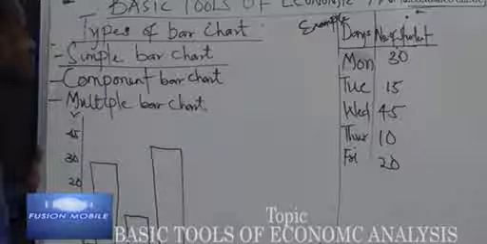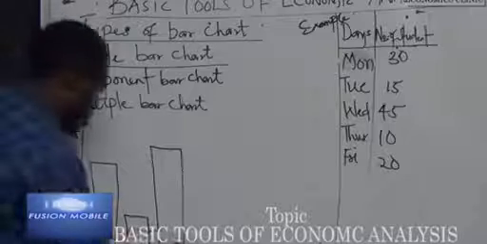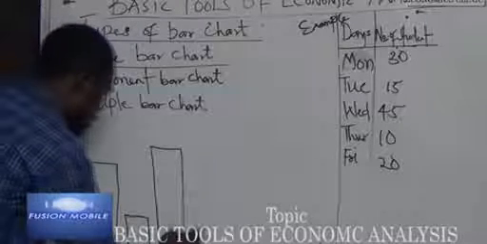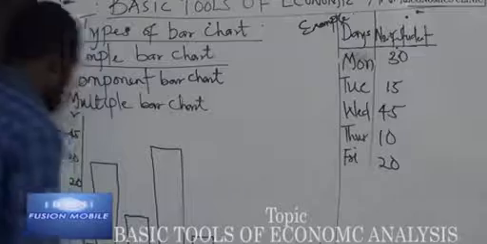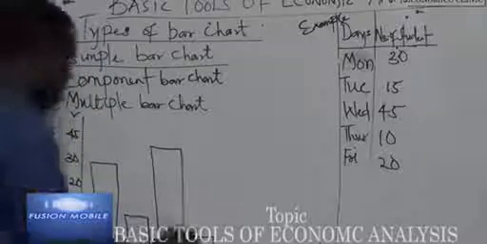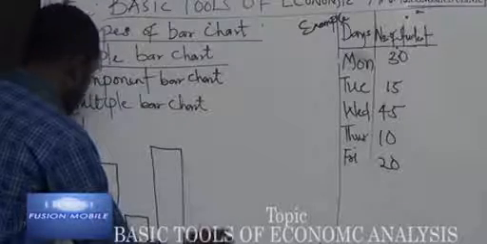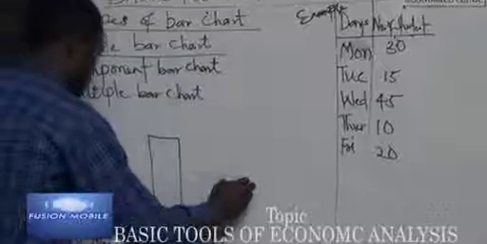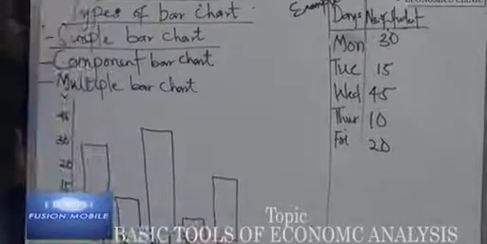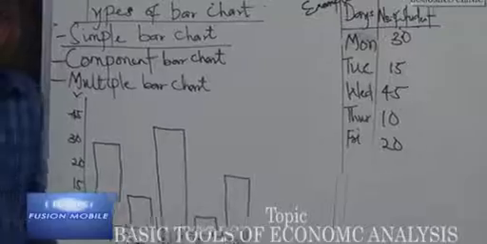Thursday is 10, so we draw this up to 10. While Friday is 20, so this is drawn up to 20. This is a simple bar chart.